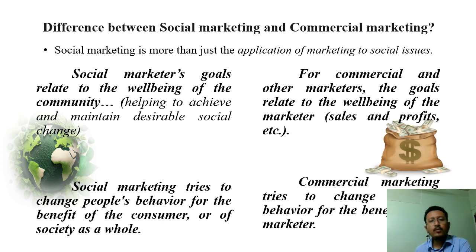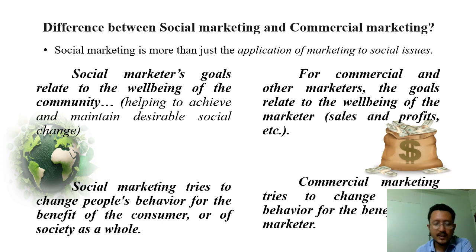Whereas the goal of commercial marketers, which we usually see, the marketers of basic products and services, their basic agenda or goal is the well-being of the marketers themselves, right? And how do they achieve that?